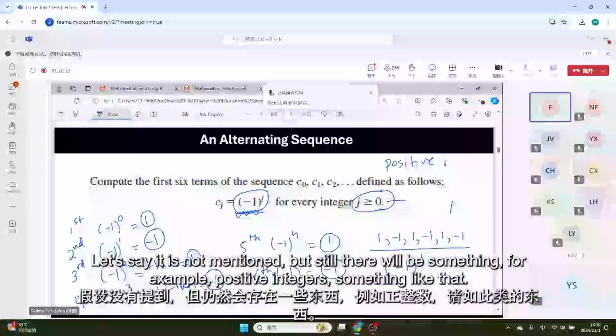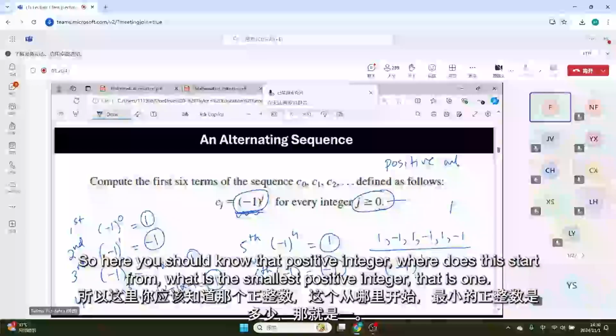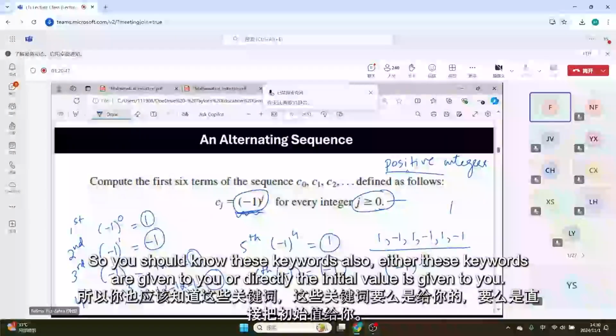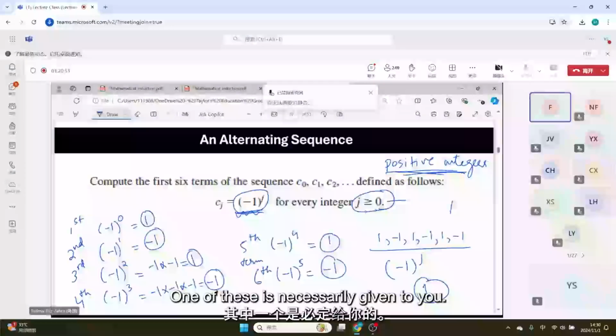So here you should know where positive integers start from. What is the smallest positive integer? That is 1. Okay, so you should know these keywords also. Either these keywords are given to you, or directly the initial value is given to you. One of these is necessarily given to you. Okay.